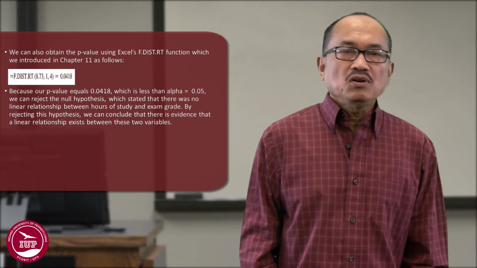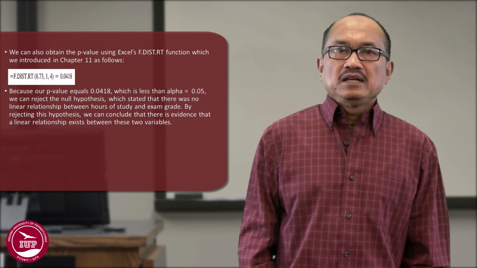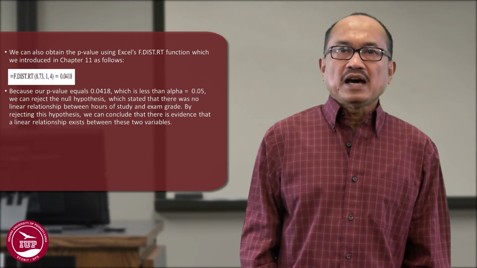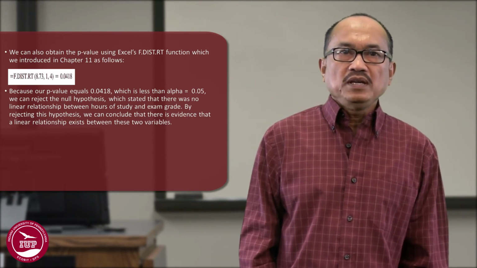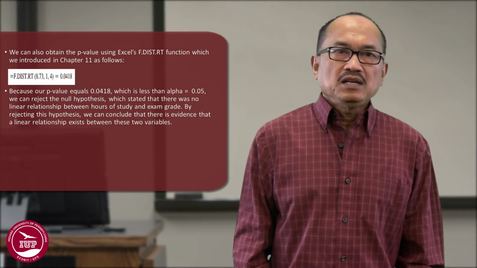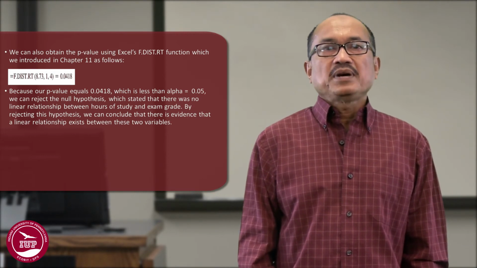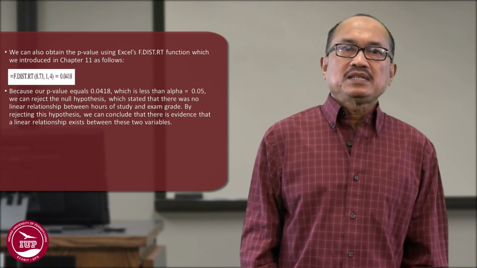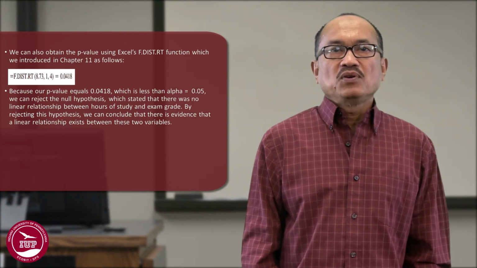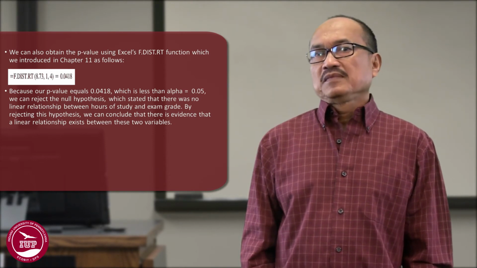We can also obtain the p-value using Excel's F.DIST.RT function, which we introduced in chapter 11, as follows: equal to F.DIST.RT inside parentheses 8.73, 1, 4, equal to 0.0418.